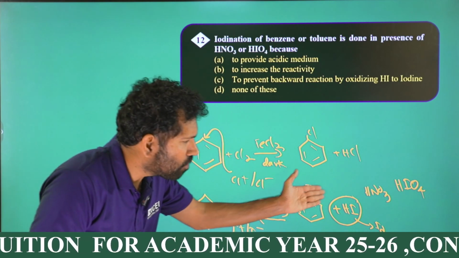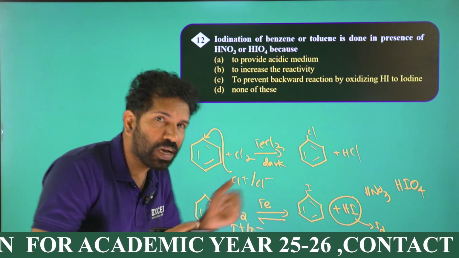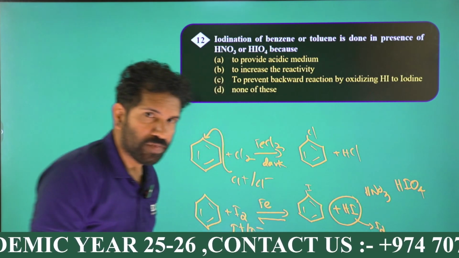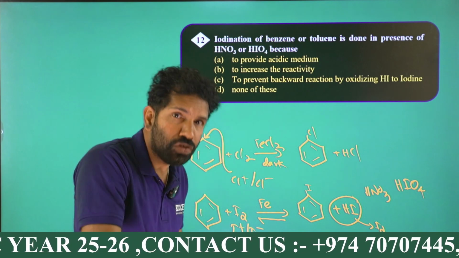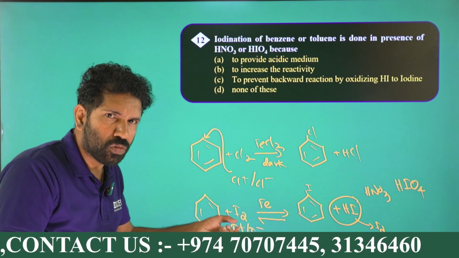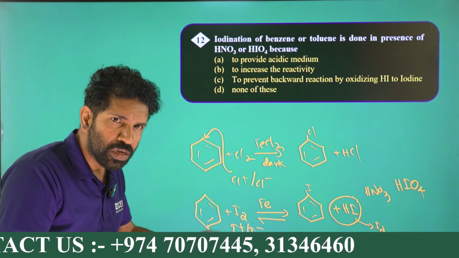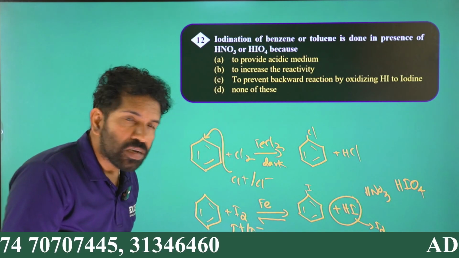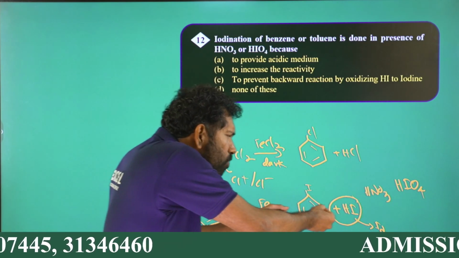When HI is converted into I2, students, what will happen here? When HI is converted into I2, the backward reaction is not possible. According to the Le Chatelier principle, if you are removing one of the products, the reaction cannot be reverted.